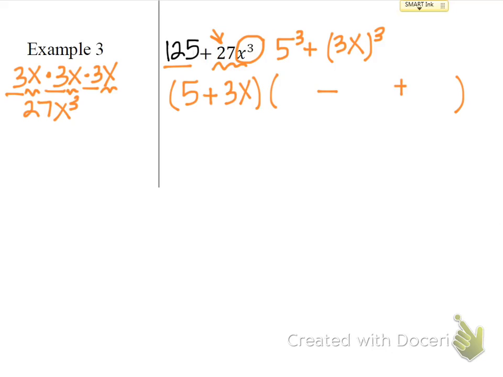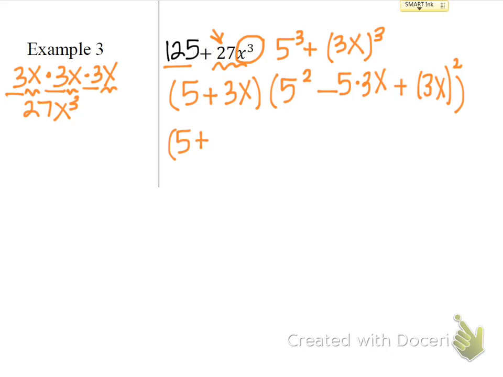The first in the big parentheses is the first base squared, so that's 5 squared. The last one is the second base squared, so that's (3x) squared. And then the middle is the two of them multiplied, so 5 times 3x. We definitely need to simplify this one before we can say this is our answer.